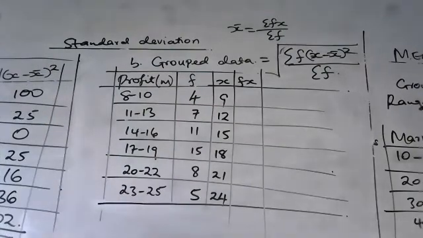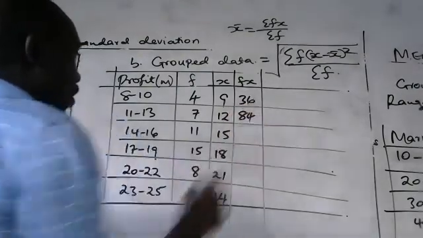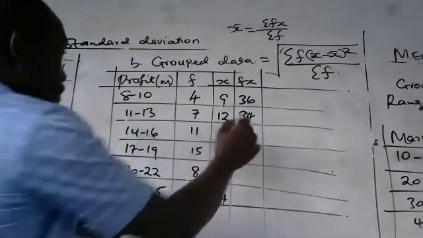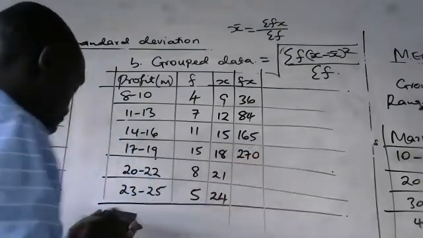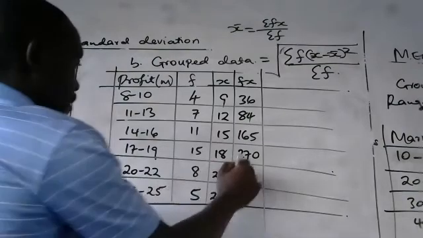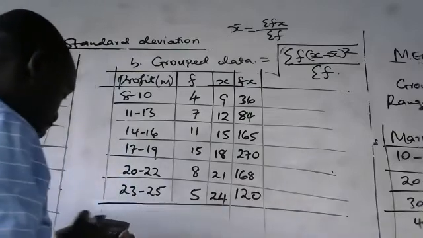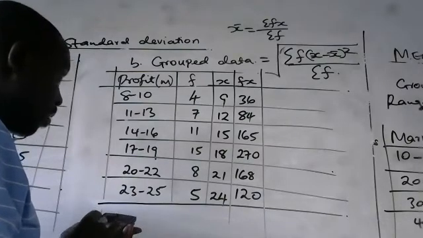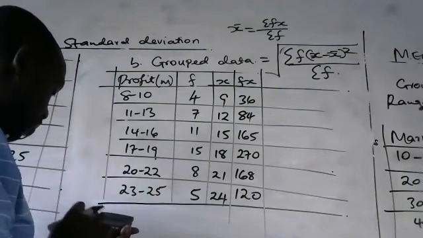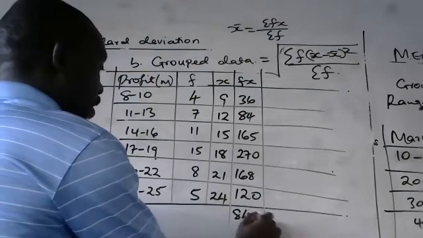Let me try to do it faster. 4 times 9 is 36. 165. It comes to 843.